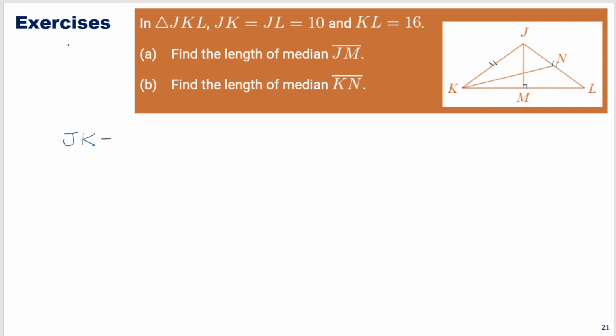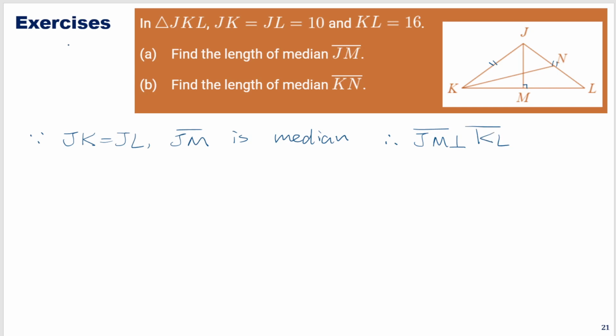So JK equals JL and JM is a median. This gives us JM is also perpendicular to KL, right?